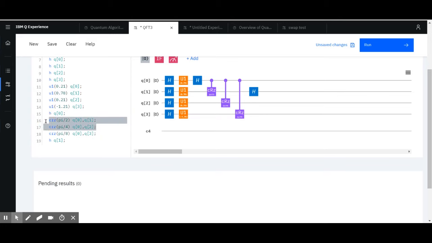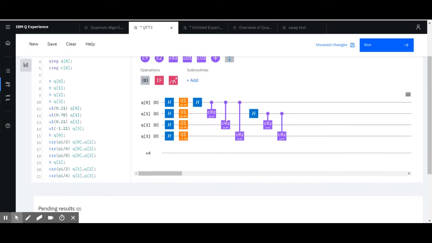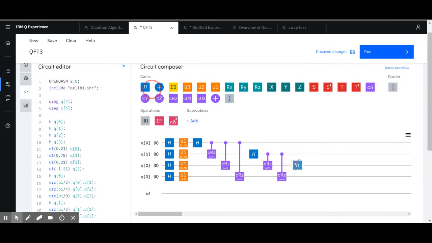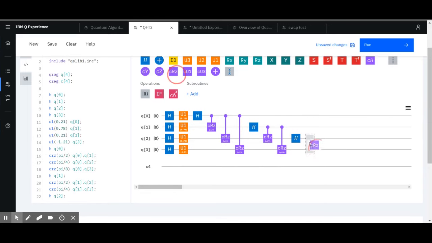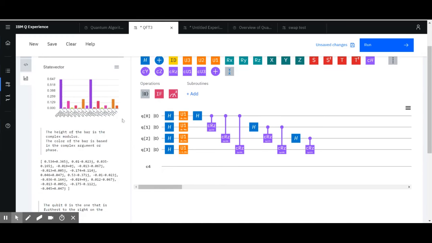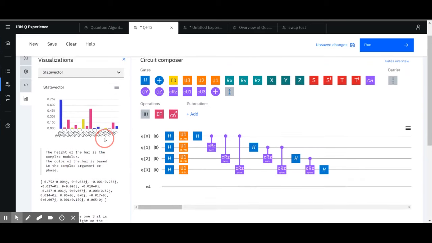I think this is exactly those controls here, and they are like that exactly. And now we're gonna do a Hadamard here, and now we're gonna copy. Now you're just gonna have this, and now we're gonna have another Hadamard here. Yeah.